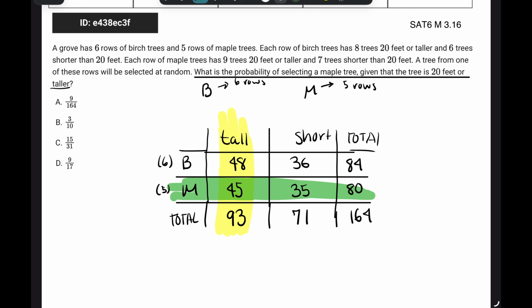So that common number is 45. So I'm selecting the maple tree that's tall. That's 45 out of the total amount of tall trees that I can select from, which is 93. And if you divide both sides by 3, this reduces to 15 over 31, which is answer choice C.